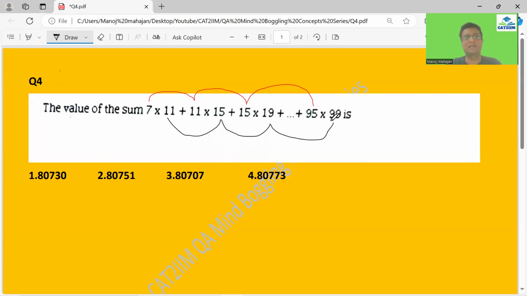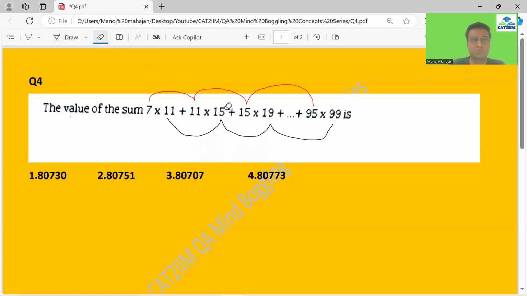Once they get the nth term, combining the two series, they will look for the summation of that nth term. And then, whatever the number of terms we have, accordingly we put the value of n and get the answer. But that is a very traditional way. I'm not going to look at that.